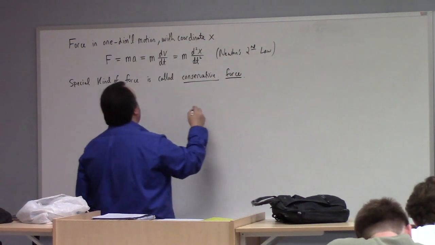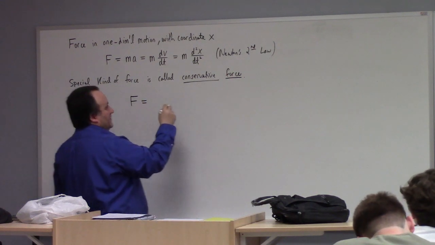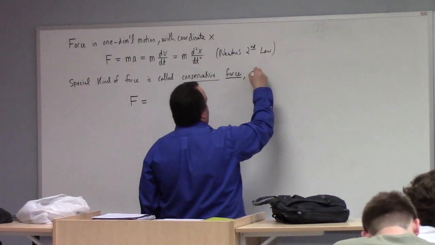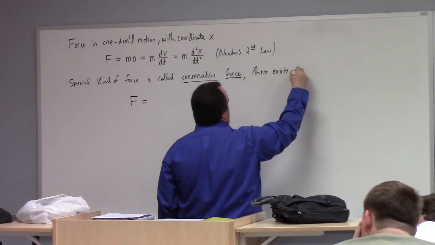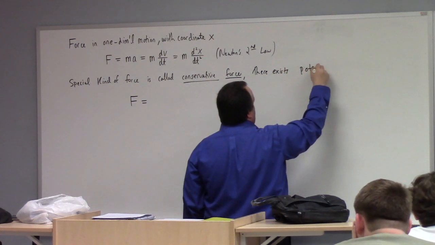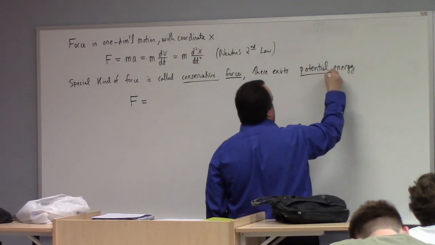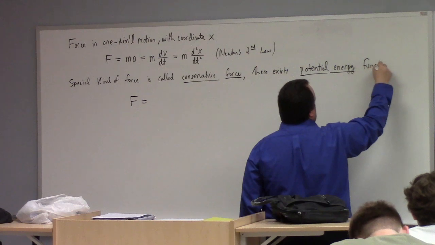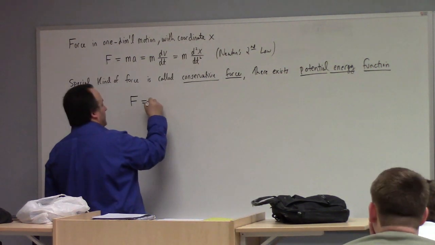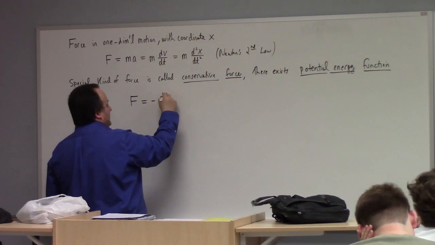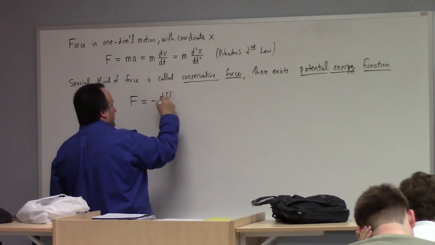So a conservative force is one for which there exists what's called potential energy, a potential energy function, which for the purposes of problem 396, I'm using a big U for. So F is actually equal to minus dU/dx.